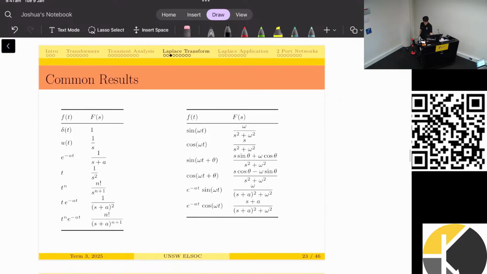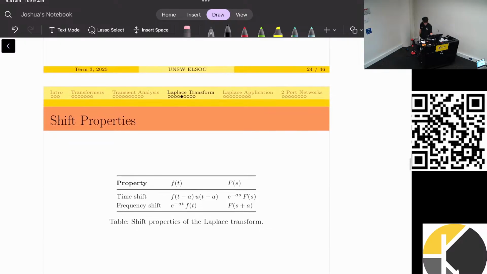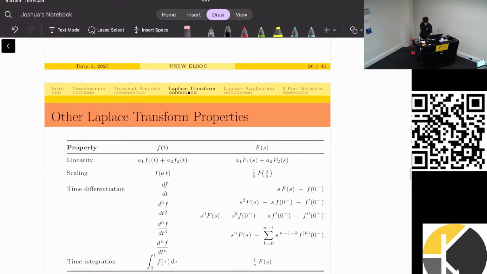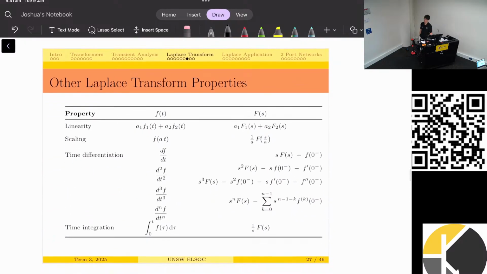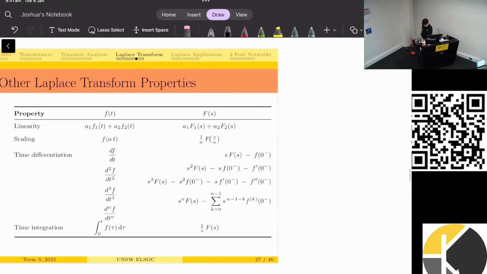And the main reason that it's a generalization is that we can account for initial conditions. So in Fourier transform, when we take the time derivative, we actually aren't given these initial condition terms in our formula. That's because Fourier transform is incapable of accounting for initial conditions.